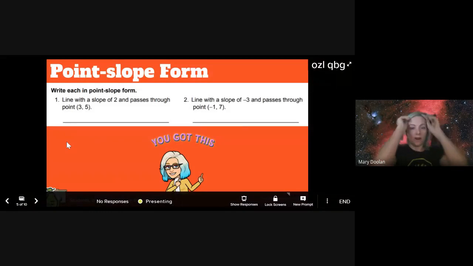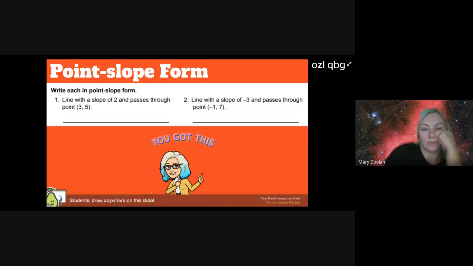Okay, so now we are on point slope form, and I'm going to do one of these with you. So I'm just going to go to the week at a glance real quick, under classwork. I don't have it open yet.